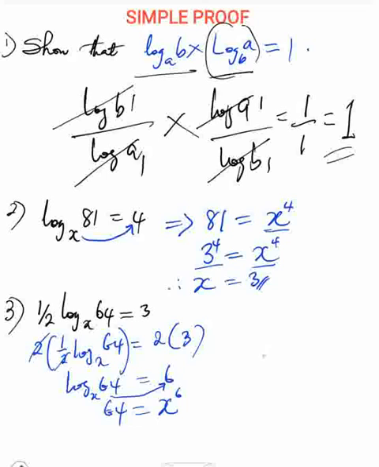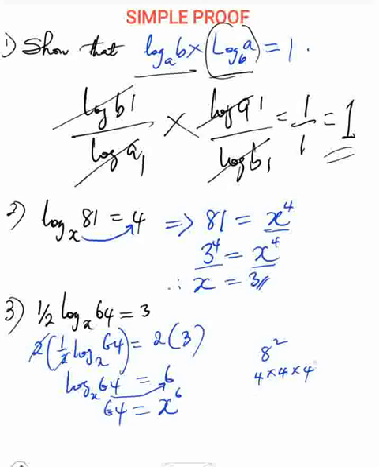We know that 8 raised to the power of 2 will give 64. Okay, what if we say 4 times 4 times 4? It will give us 64 as well. 4 times 4 is 16. 16 times 4 will give us 64 here.